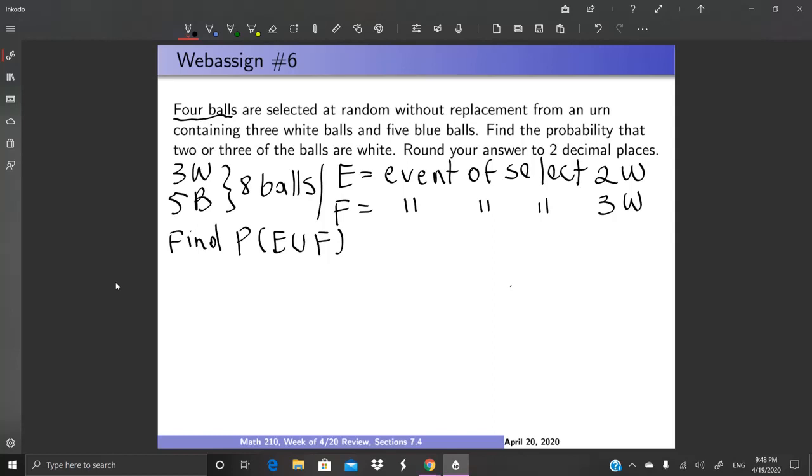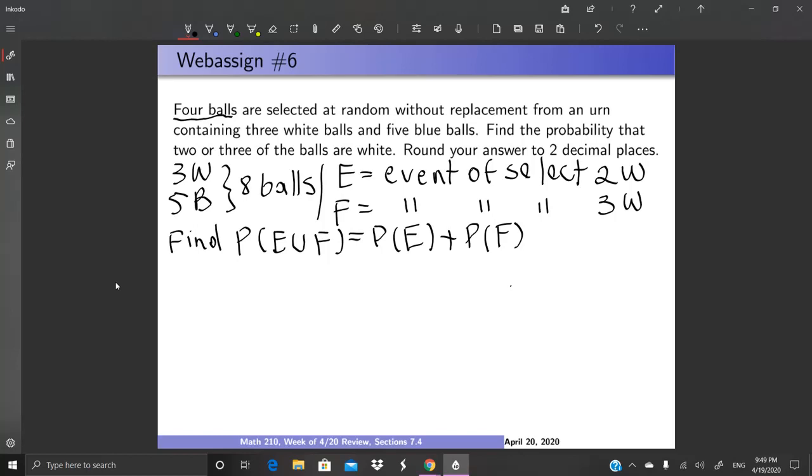So yes, these are mutually exclusive, which means that the probability of E or F is going to be equal to the probability of E plus the probability of F. That's because the probability of E intersect F is 0, since that's the empty set. They have nothing in common.